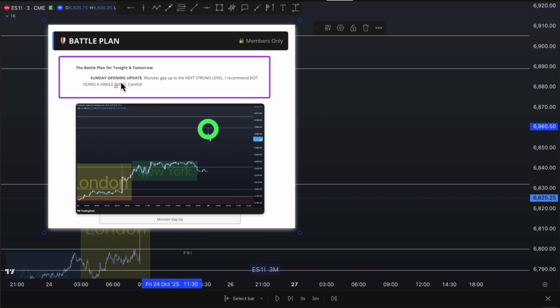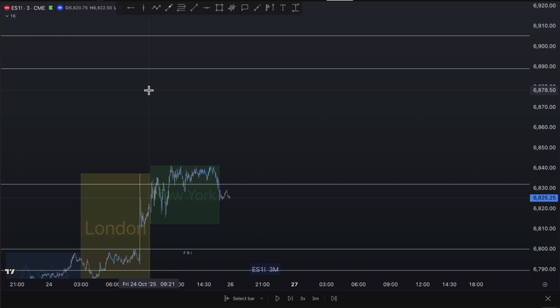And I said, Sunday opening update, monster gap up to the next strong level. It opened up here at this strong level, which was interesting. I recommend not doing a single thing. Careful. We need price to develop and show us its hand, and then we trade later. You don't have to trade every session.